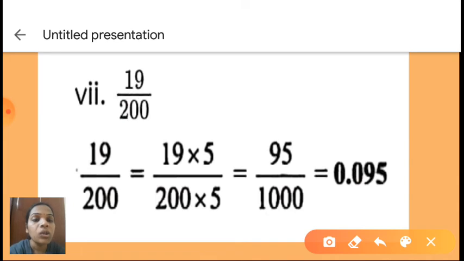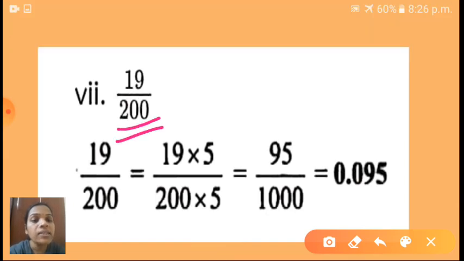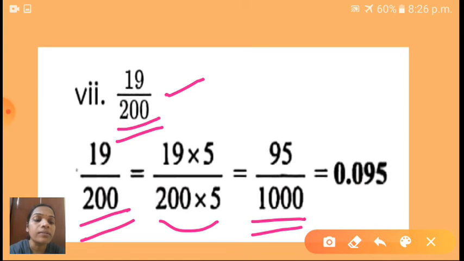19 upon 200. So children, this number we can't simplify. So for 19 upon 200, 200 into 5 is 1000. Okay children, as I already told, in the denominator we want 10, 100, 1000 or 10,000 like that, isn't it?